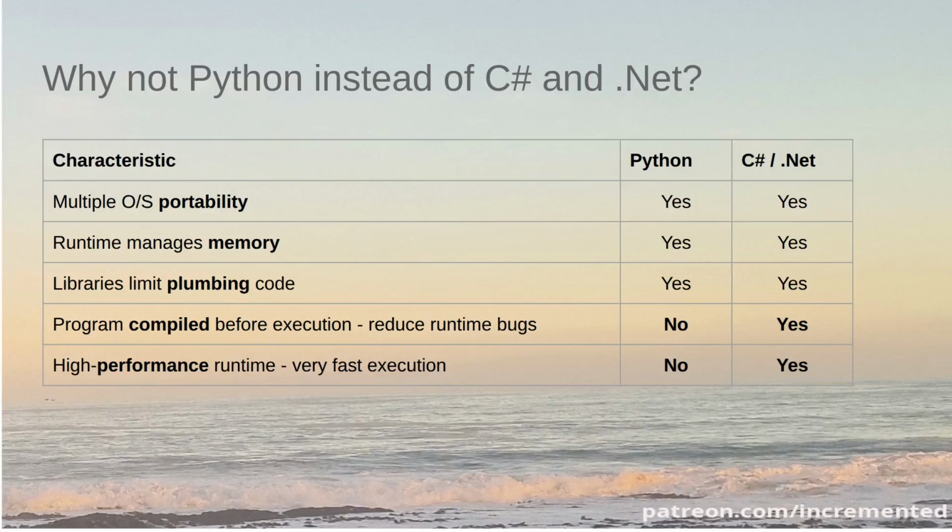So that's also a shared characteristic. And also there are lots and lots of Python libraries out there to provide you with plumbing code similar to ASP.NET, for example, to build websites and web APIs and things like that. Those are all true. Those are shared characteristics of both Python and the C#.NET world.